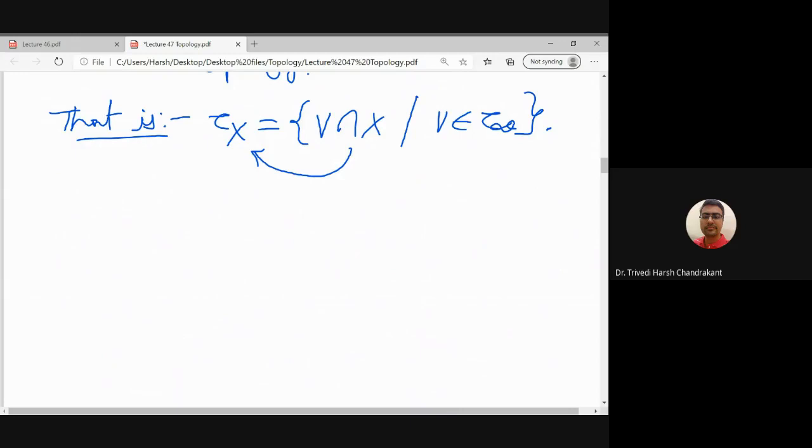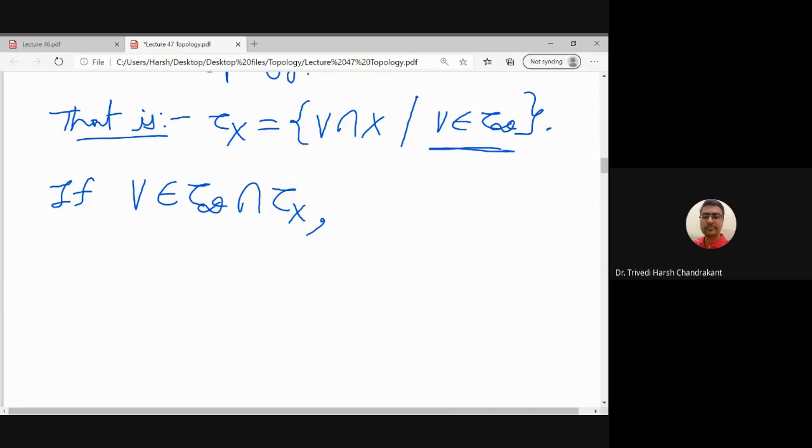So let us start. So what are the sets here? We know that the elements of tau infinity are of two types, type 1 and type 2. So let us start with type 1. If I have a set in tau infinity which is of type 1, that means it is in tau X. If we start with an element V of tau X itself, then V intersection X is nothing but V itself, right?